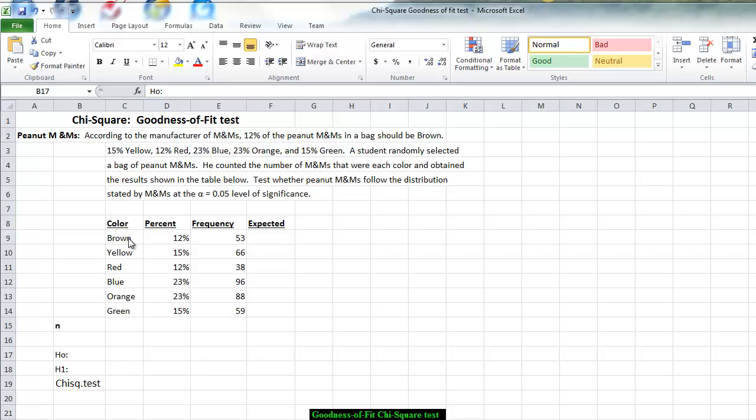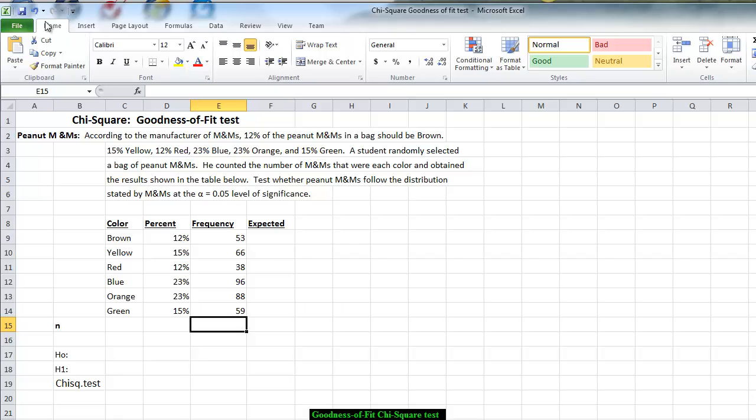Well, let's see. We have the colors, we have the percent distribution as stated by the manufacturer, and we have the frequency of the colors as they appeared in that bag. So the very first thing we want to determine is how many we expect according to the percent distribution. First we have to determine the sample size.